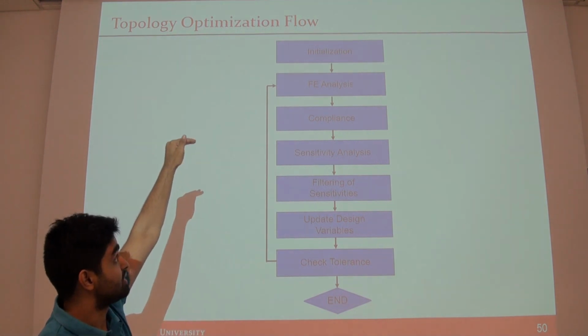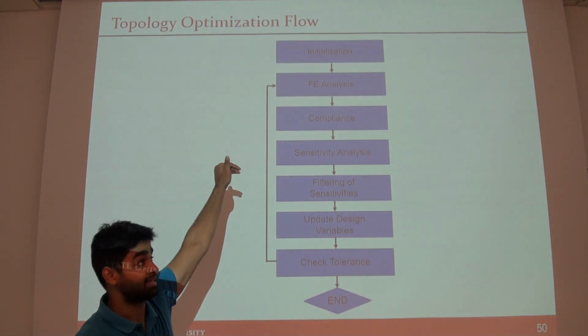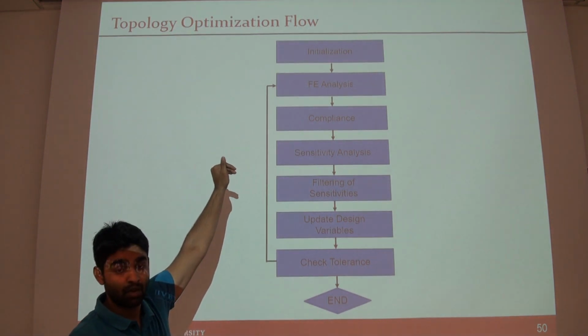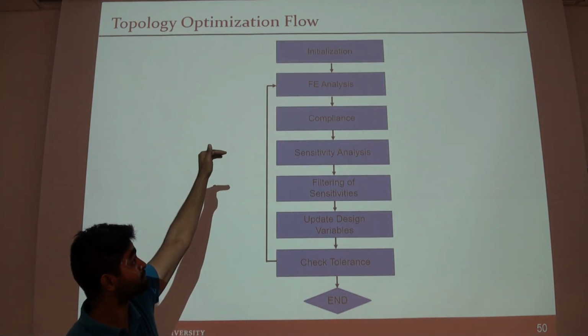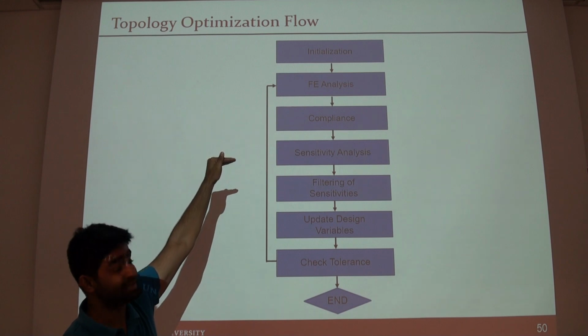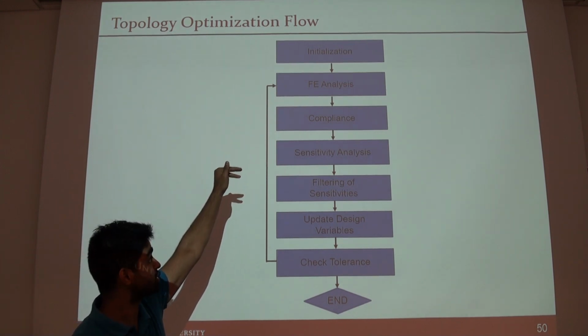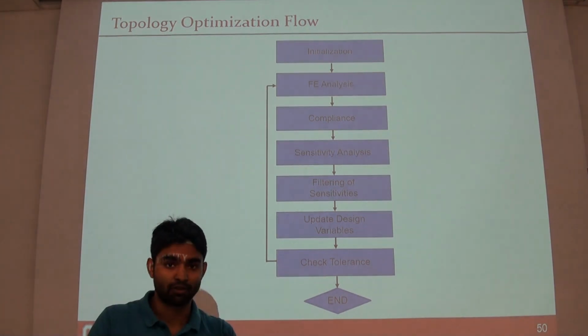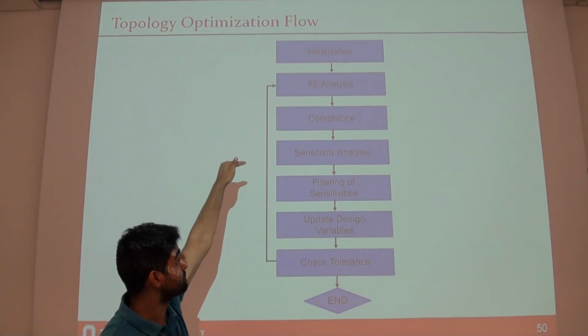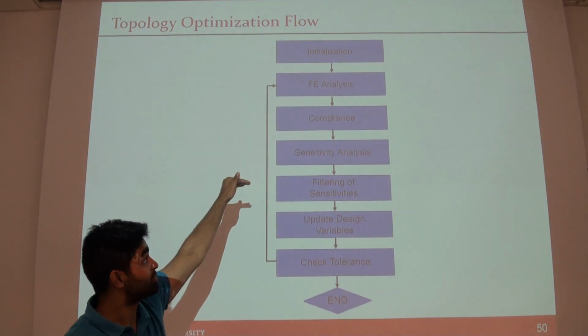Once we have the initialization, we perform a finite element analysis. We compute the displacements, and according to the displacements, we compute the compliance of the structure. And the compliance for our case is the objective function. So we compute the objective function.